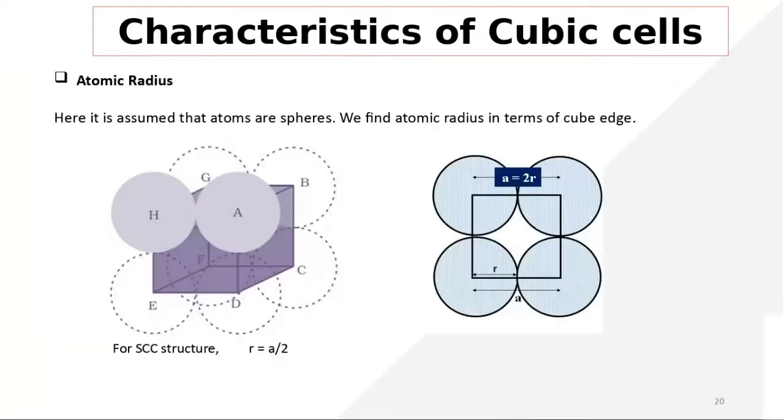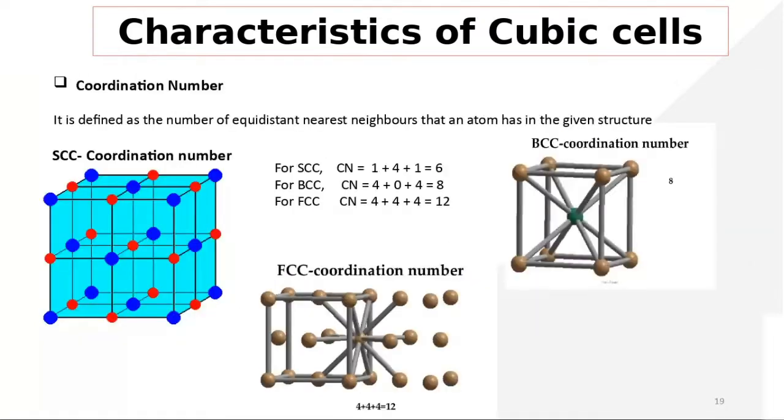Now we talk about coordination number. So what is coordination number? Coordination number is defined as the number of equidistant nearest neighbors that an atom has in the given structure. Here we have two terms, equidistant and nearest.